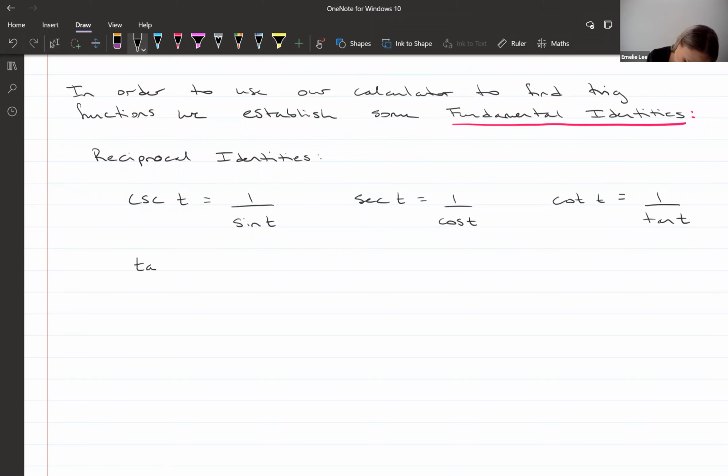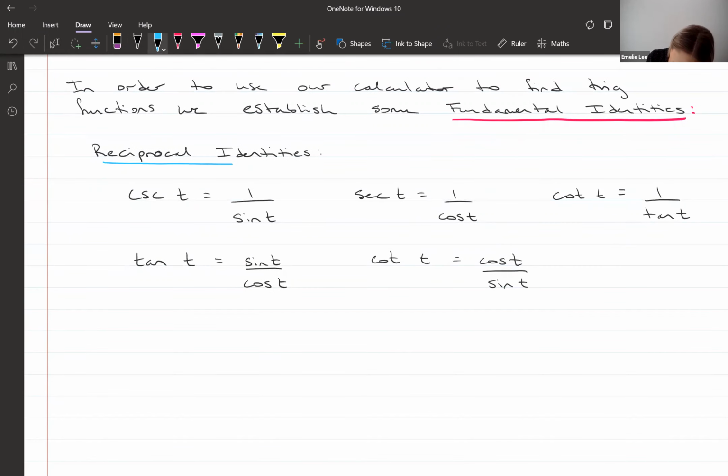We'll also notice that tan t is sine t over cos t, just using x and y, replacing it with sine and cos. So if cotangent of t is 1 over tan t, then you have 1 over sine t over cos t. So another identity for the cotangent of t is cos t over sine t. So these are called the reciprocal identities.